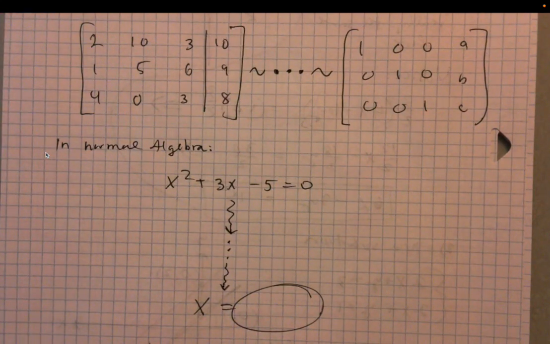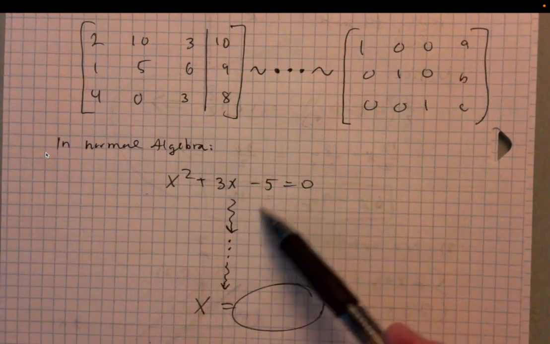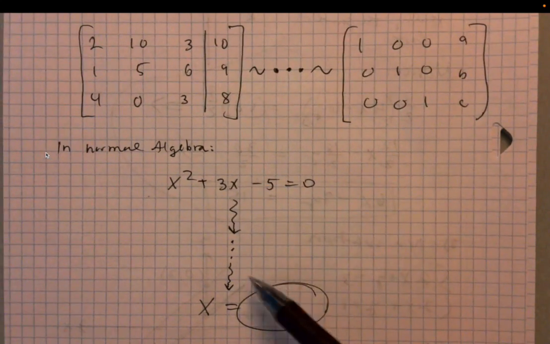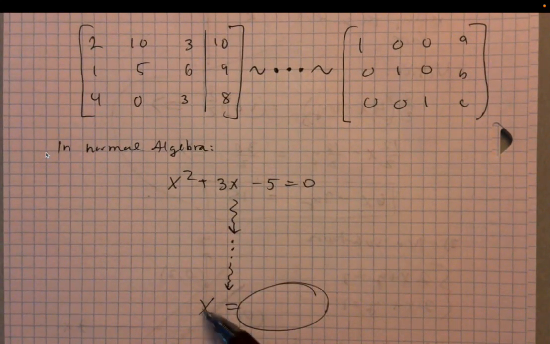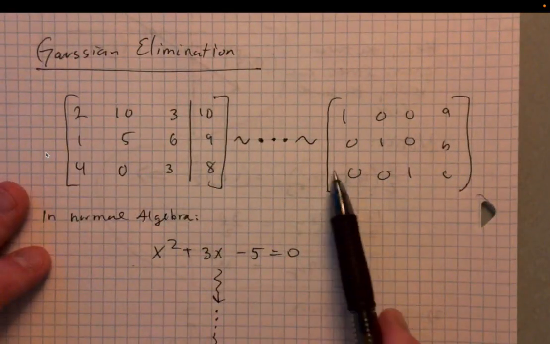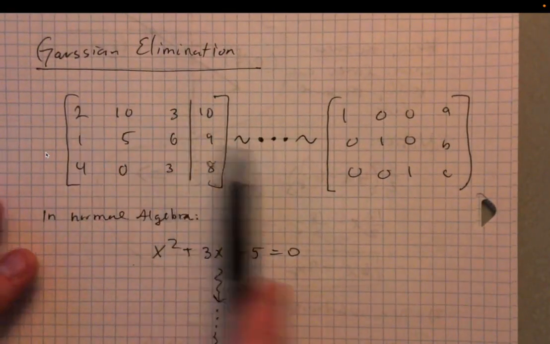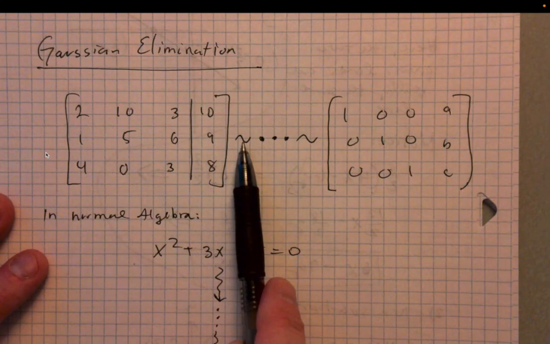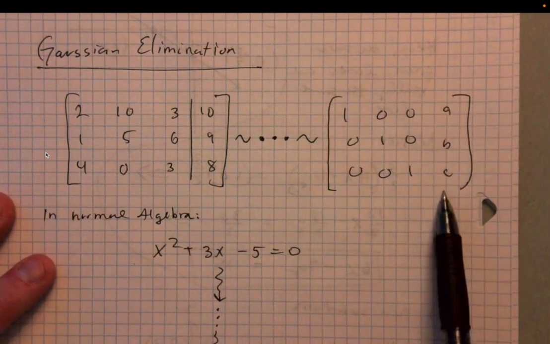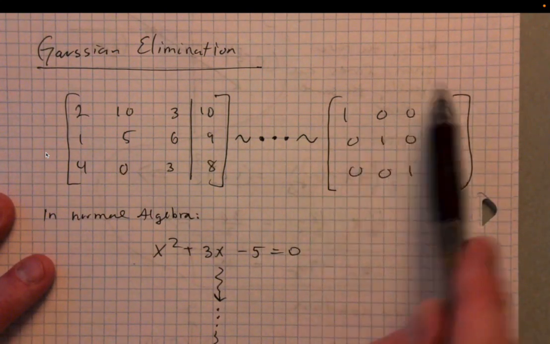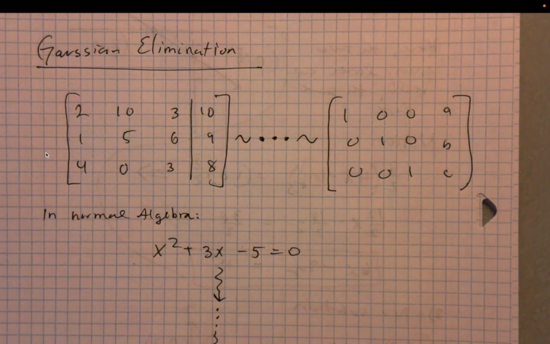So you start with something convoluted, you do a bunch of algebraic moves to it, and you simplify the equation until the answer is readily apparent: x equals some number in this case. This is analogous to that operation. You start with a matrix, you do a bunch of matrix operations to it until it looks a particular way, and then you'll be able to read the solution directly off the matrix.